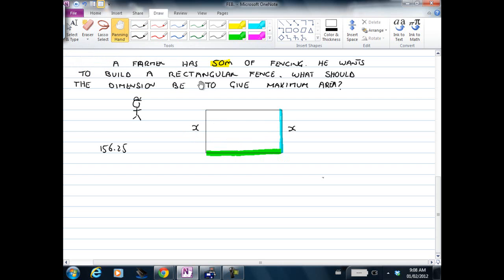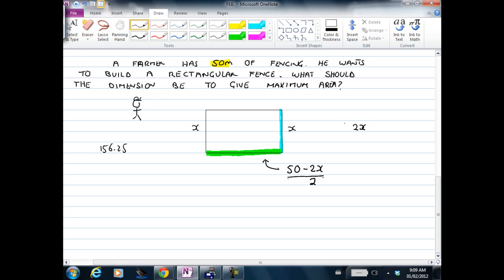Would you agree that if I add these two sides together, that's 2x? So to get this side, would you agree this is 50 minus 2x, divided by 2.